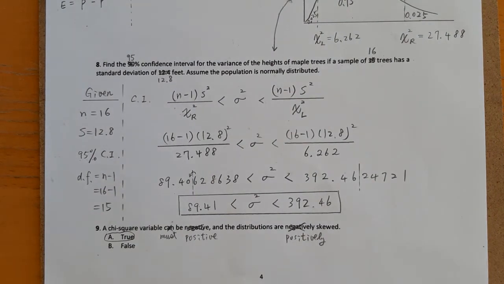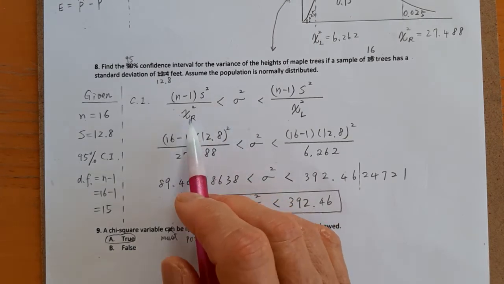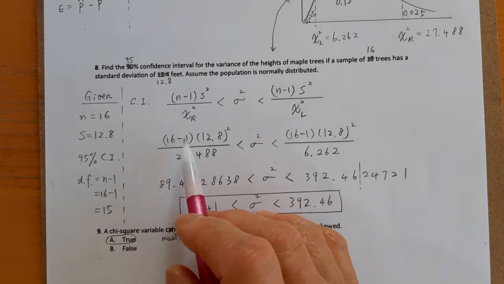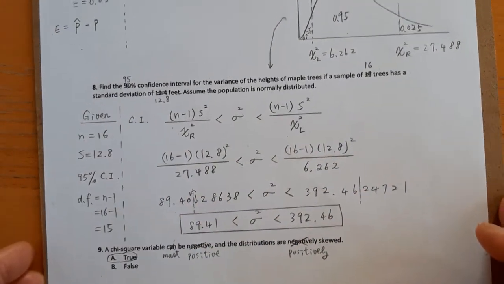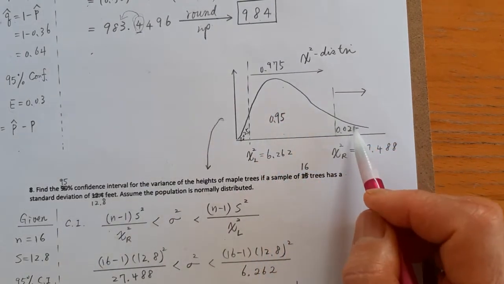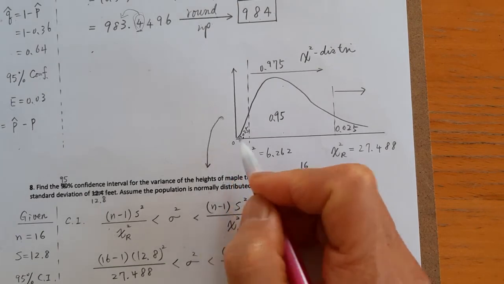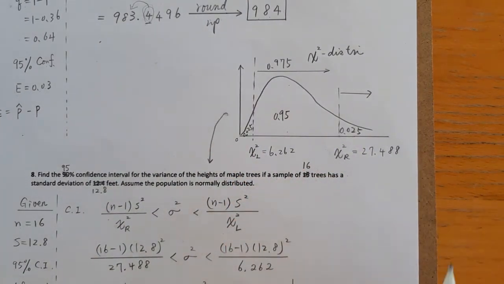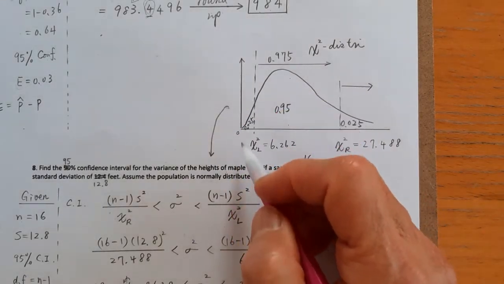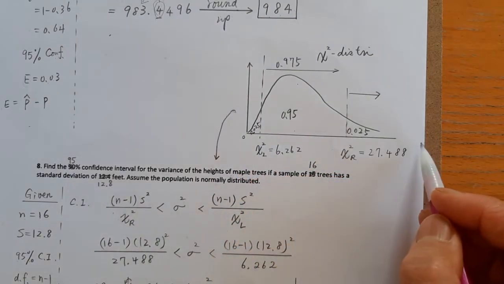So we will use the chi-square for the variance. This is a chi-square distribution, and we're looking for chi-square. Here the distribution starts at 0 and extends to the right, which is positive.